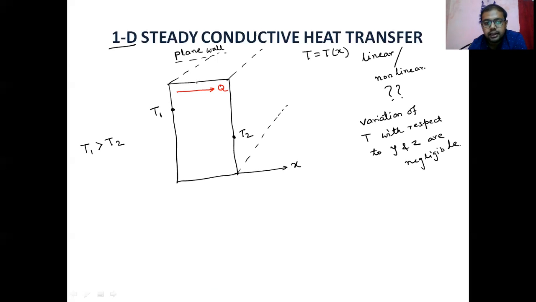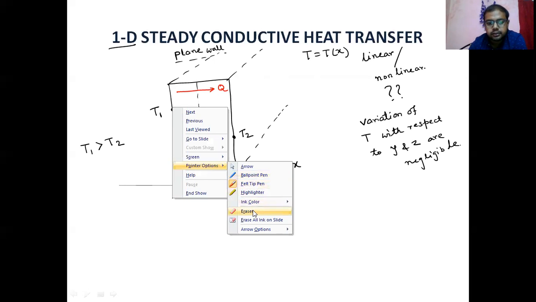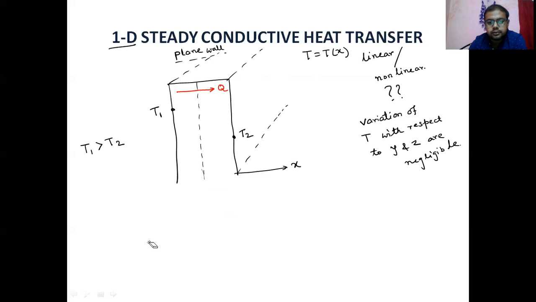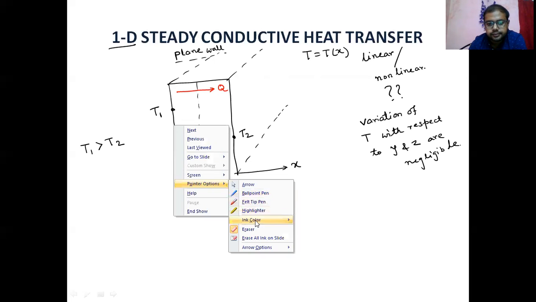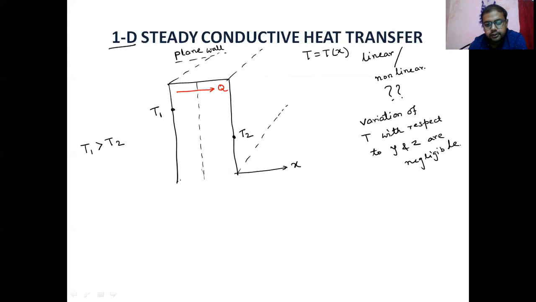Now, at a distance X, let you take X. At X, the heat flux is qx, which is nothing but minus K dT/dx.